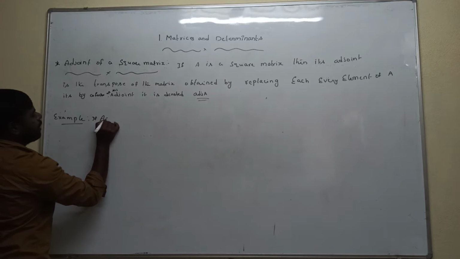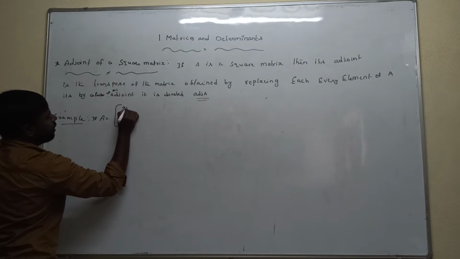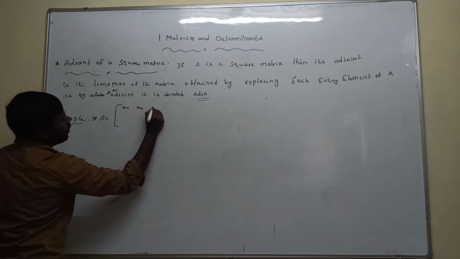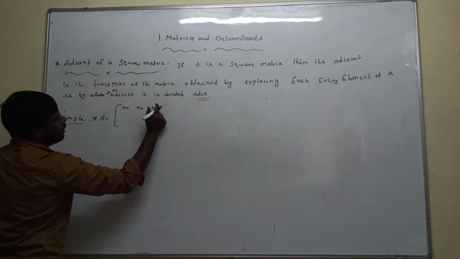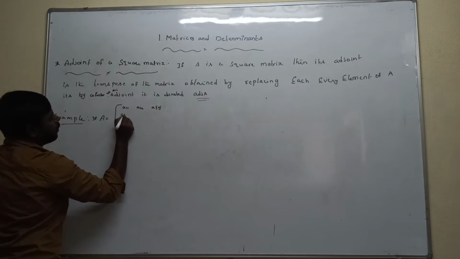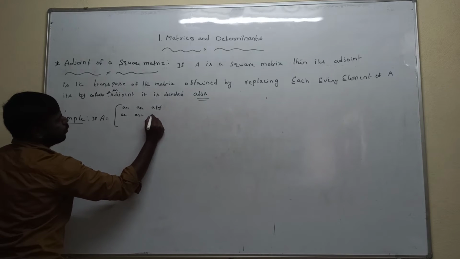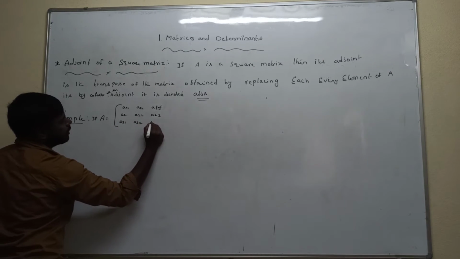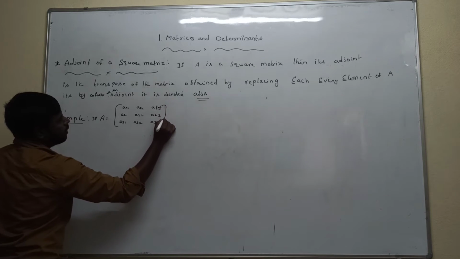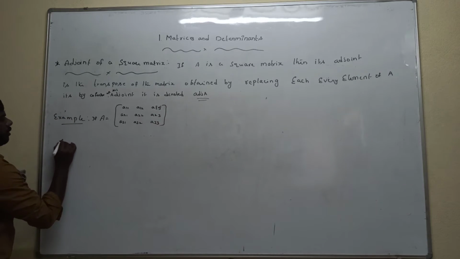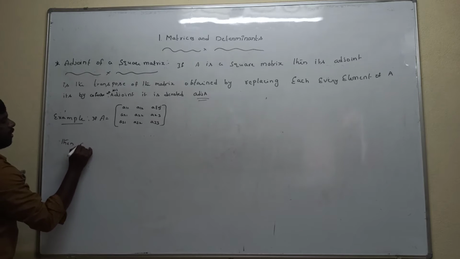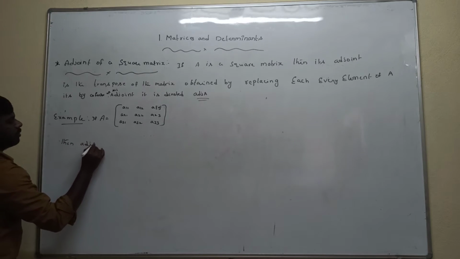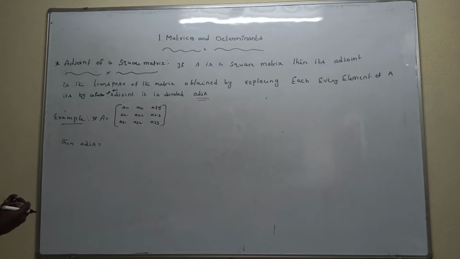If capital A is equal to A11, A12, A13, A21, A22, A23, A31, A32, A33. Observe, dear friends, then adjoint of A. So what is the definition of the adjoint of A?